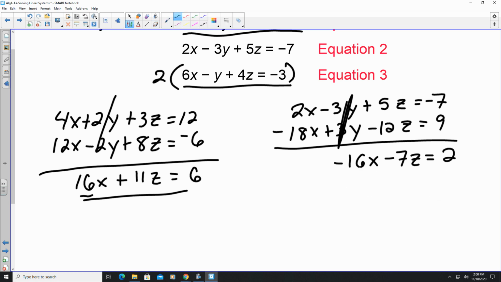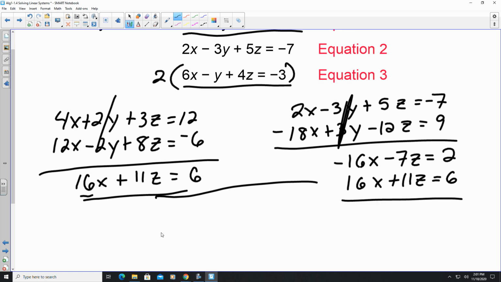I'm just going to transfer this over and say this is just 16x plus 11z is equal to 6. This gets canceled, so now I have 4z is equal to 8. Z will be 2. All right, so I got one variable. I got z is 2.